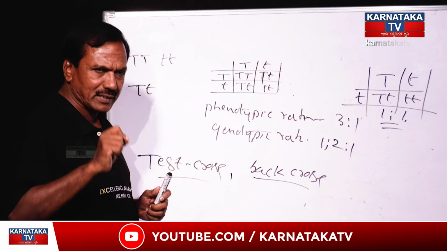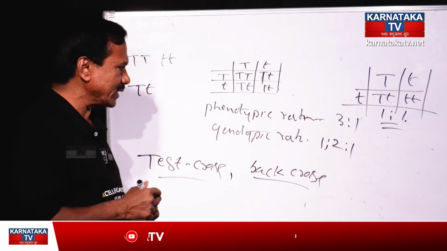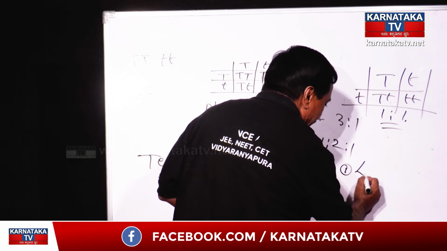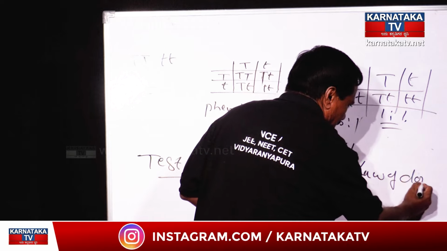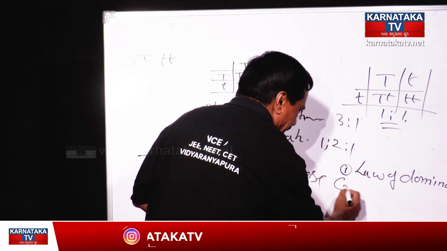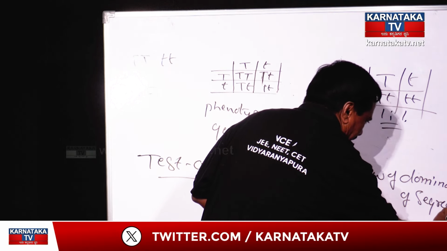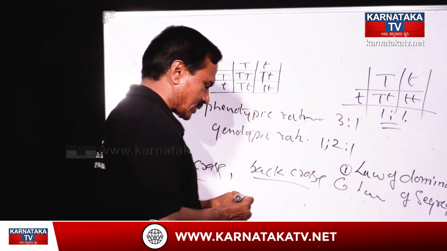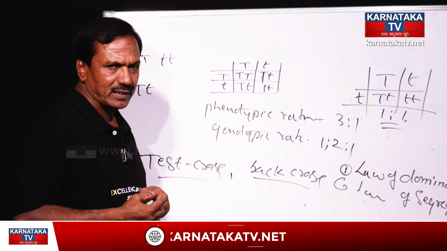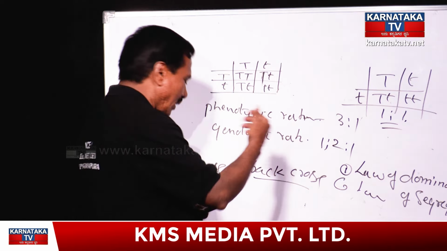They are popularly called Mendel's laws or principles of Mendel. Those 2 laws are, one, the law of dominance, and the second one is the law of segregation. These are the 2 laws proposed by Mendel after conducting the monohybrid cross experiment.